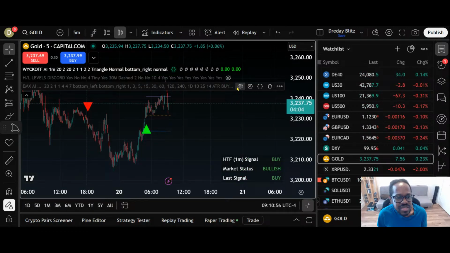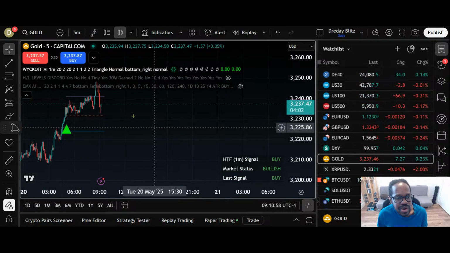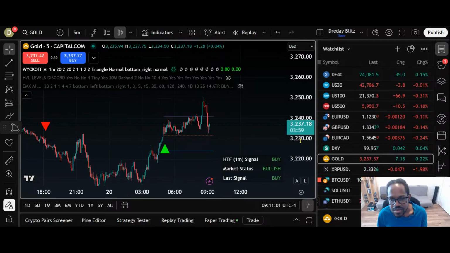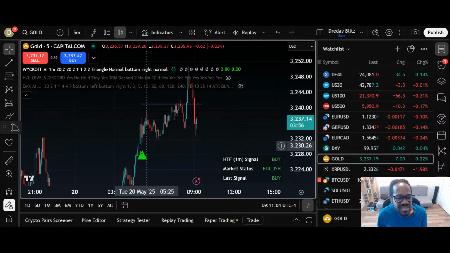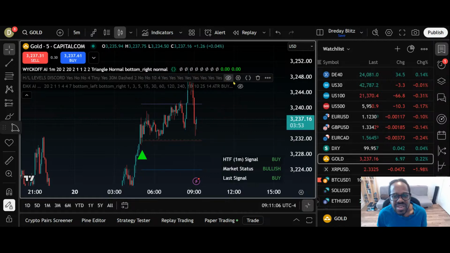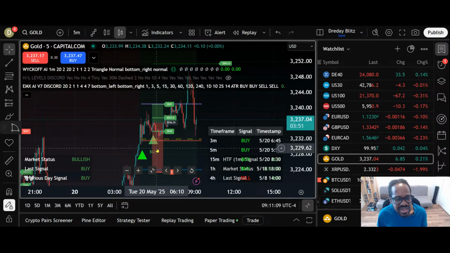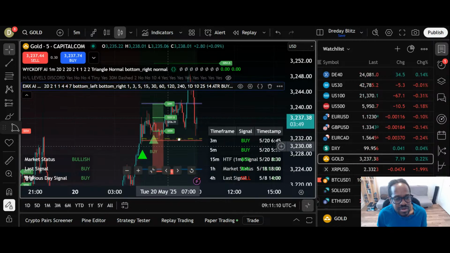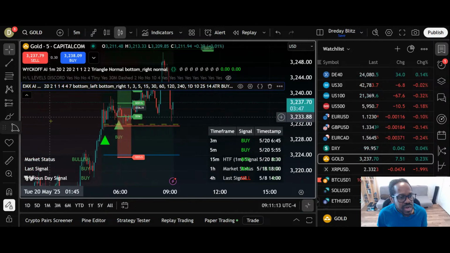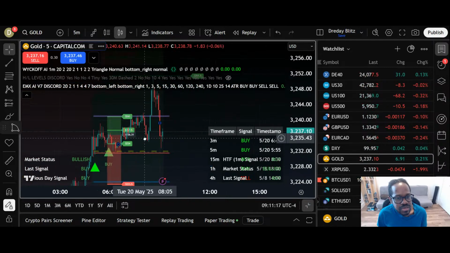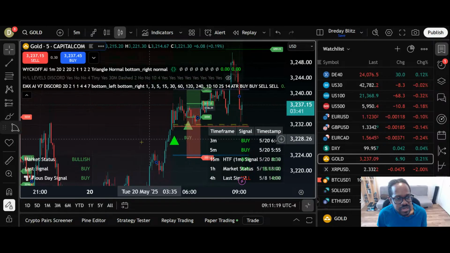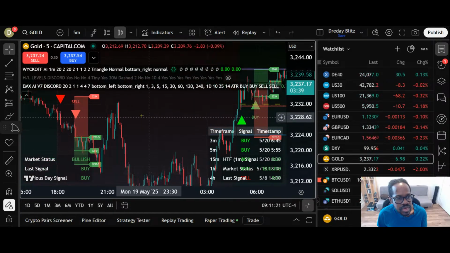So as you can see, the Wyckoff AI gave you the buy right here. Okay, and you had a buy here. So it did give you the buy a little earlier on the Wyckoff, but the same direction. So that is perfect.